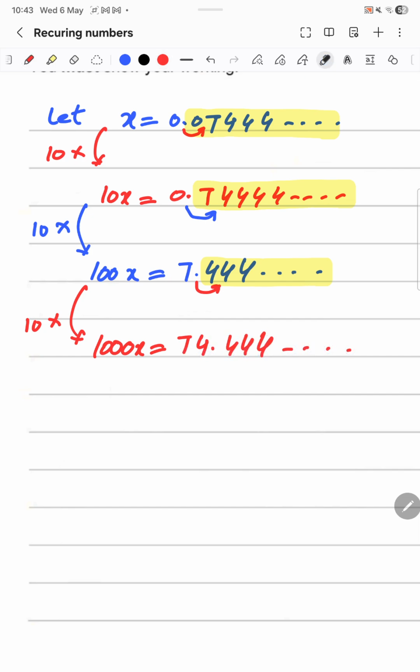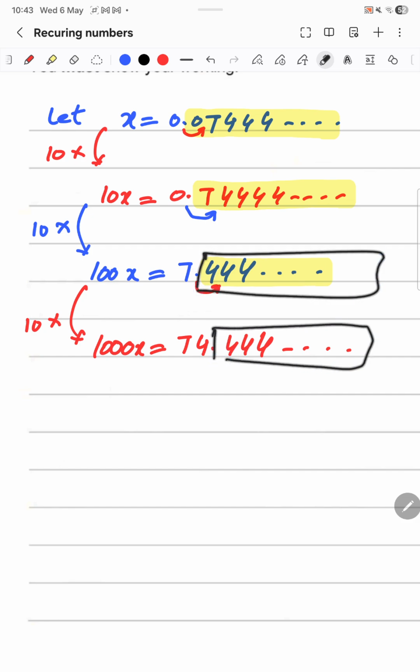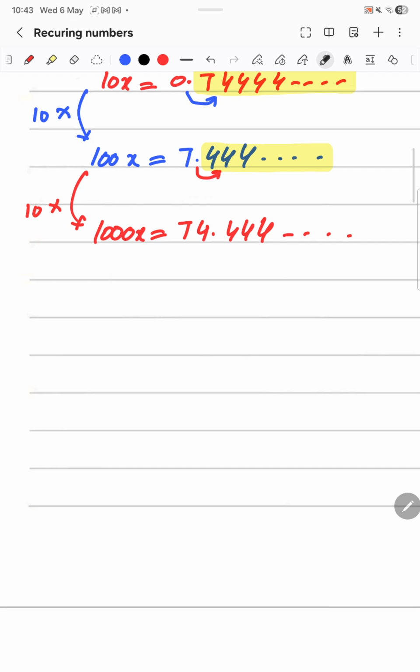If you compare the decimal parts of these two equations, now you've got the same decimal part. So the next step is we need to take away these two equations. Let's say this is equation number 1, this is equation number 2. We need to take away 1 and 2.